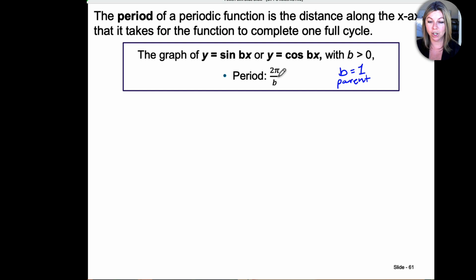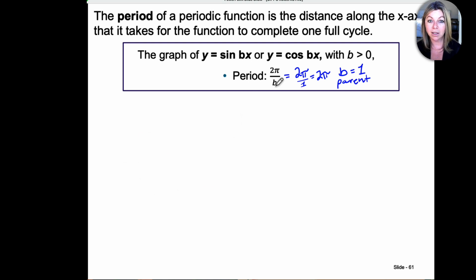So the parent function has a period of 2 pi divided by 1, which simplifies to 2 pi. And we know that it's 2 pi radians, one time around the unit circle, or one period of that periodic function. So it's 2 pi over b.